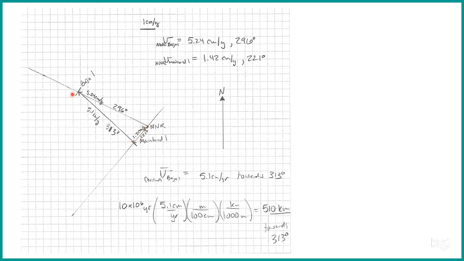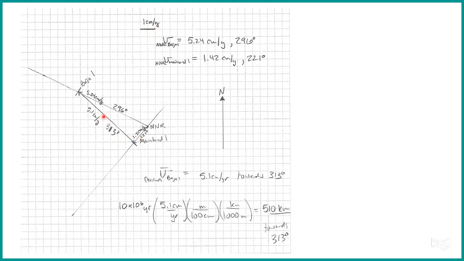That means now that my movement of Baja 1 relative to Mainland 1 is 5.1 centimeters. So this vector here is 5.1 centimeters long, because I set my scale as 1 centimeter equals a velocity of 1 centimeter per year.